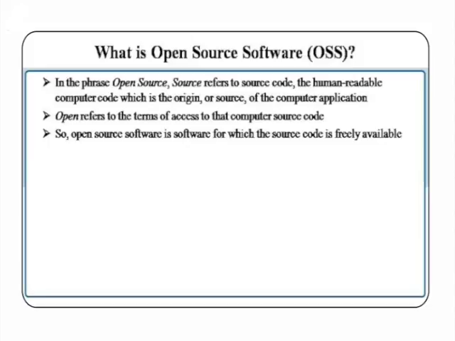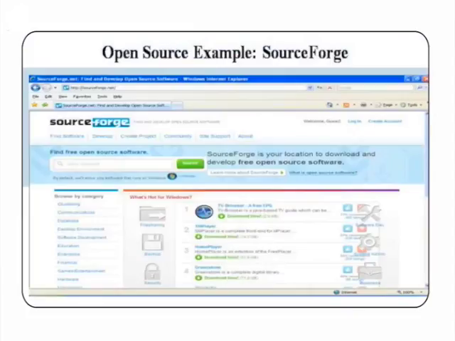And it is also distributed freely. There is no cost on it. And there are so many software on the internet which are open source. So I introduce a site called SourceForge, sourceforge.net, where we can see the list of all the approved, at least tested, open source software.